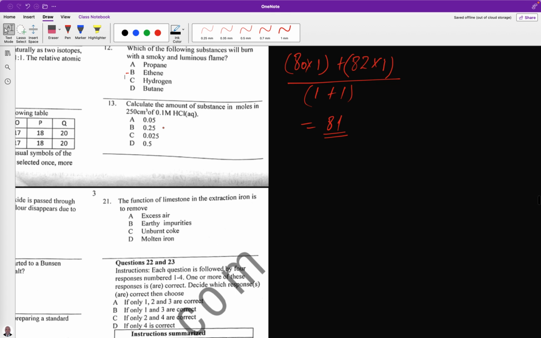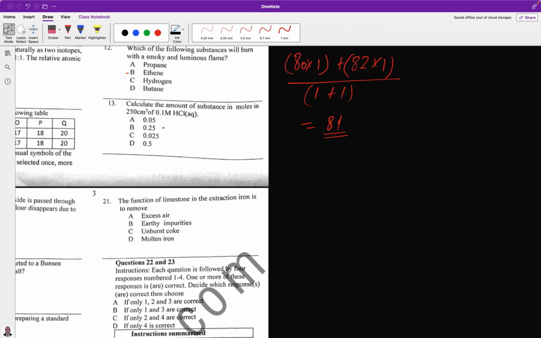It is simple. We have been given the volume of aqueous hydrochloric acid, and we have been given the concentration in molarity, 0.1 molar.